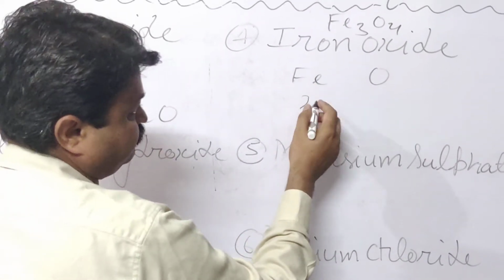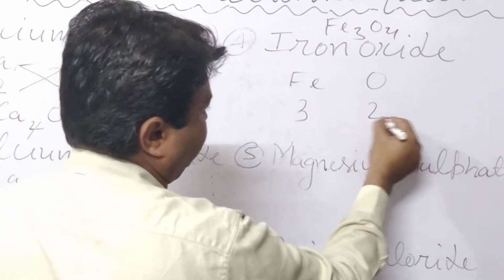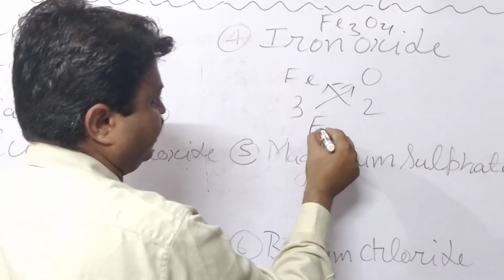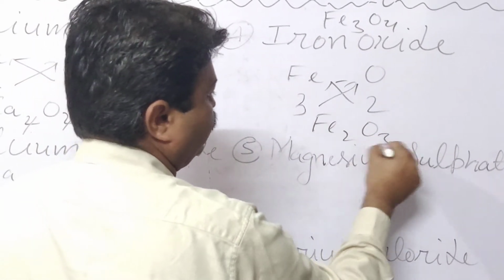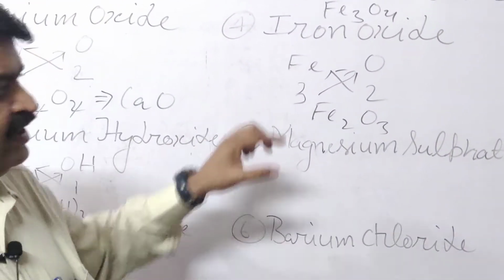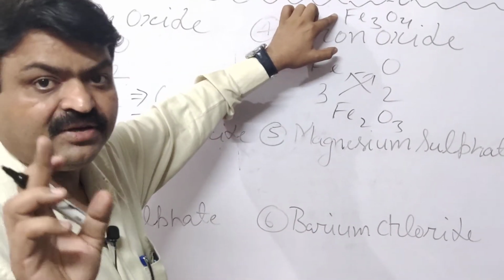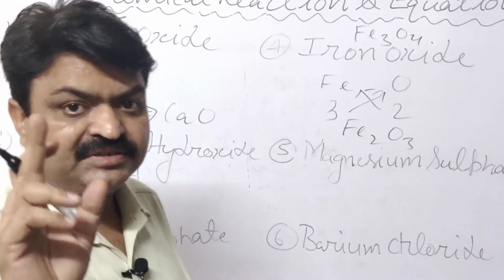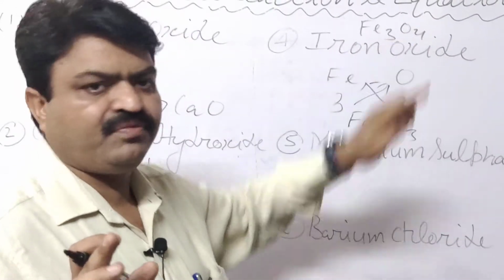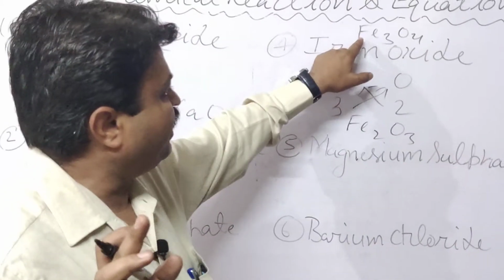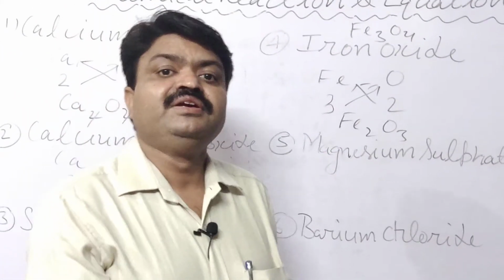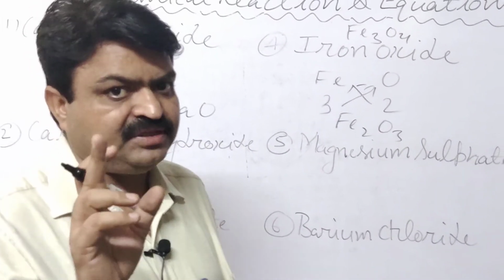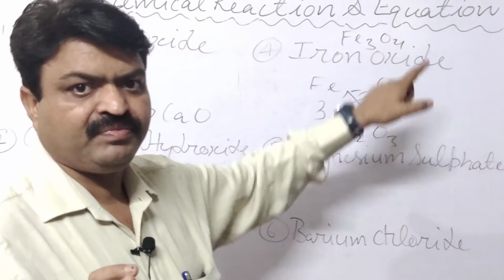Iron valency is 3 and oxygen valency is 2. Now we interchange it, and the formula of ferric oxide that we get is Fe2O3. Now why am I telling you this, student? Because it is the first equation that is given in your NCERT. It is Fe3O4. So you will learn it. The Fe3O4 chemical reaction is given in your NCERT book for the balancing purpose. So you will learn it, Fe3O4.